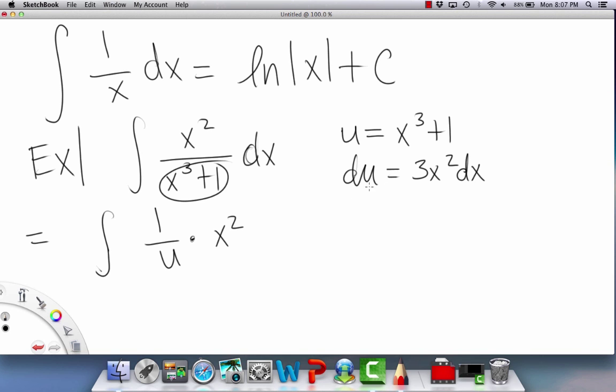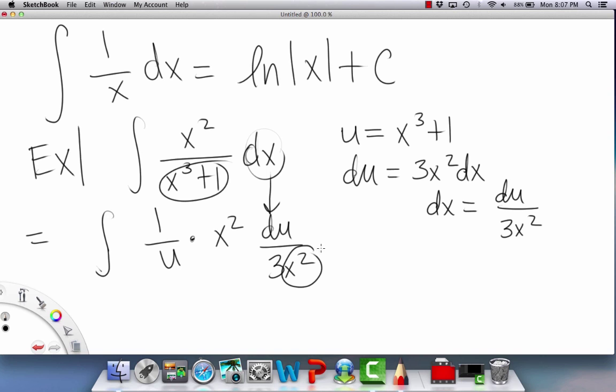And then let's do the same thing as we did with the other problem. Let's get dx by itself. So this would be du over 3x squared, right? If we plug that in, then we get du over 3x squared, which again is very convenient because the x squareds cancel out, okay?